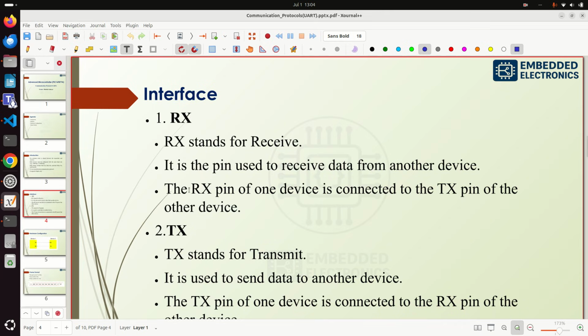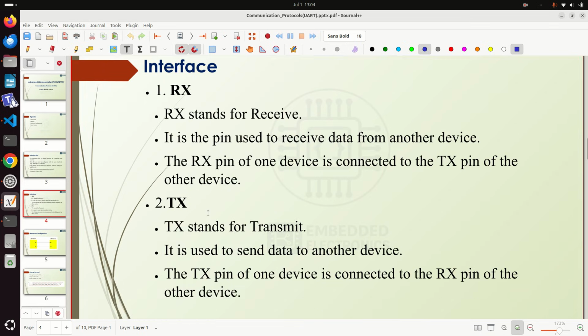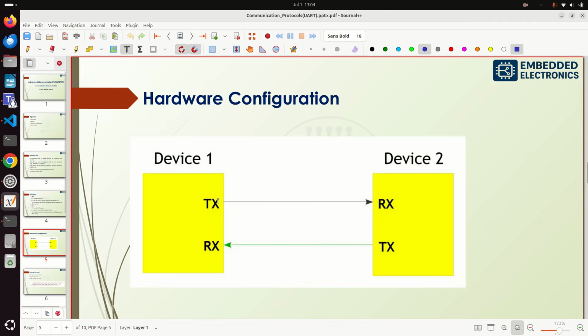The receiver pin of one device is connected to the transmitter pin of the other device. Here we have two devices. The receiver is the pin of one device which is connected to the transmitter pin of another device.